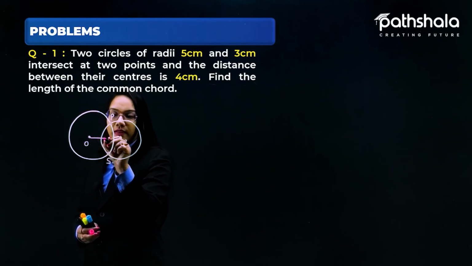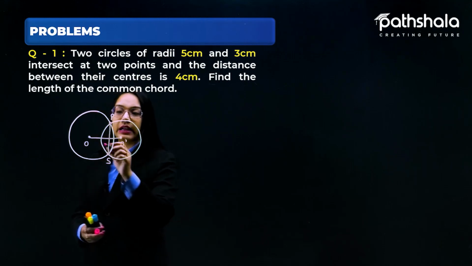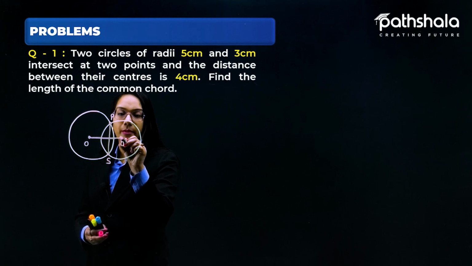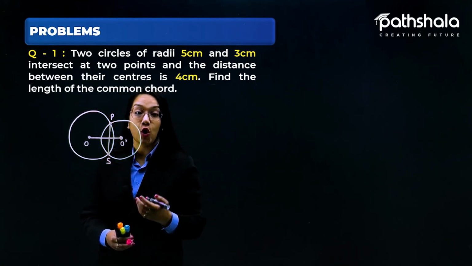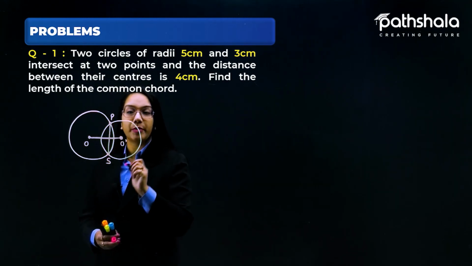If I join them, then O and O dash will lie on the perpendicular bisector of the common chord PS. Since PS is a common chord, this portion is equal to this portion using that theorem.